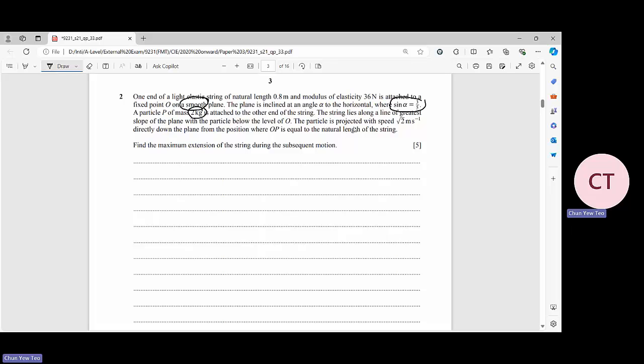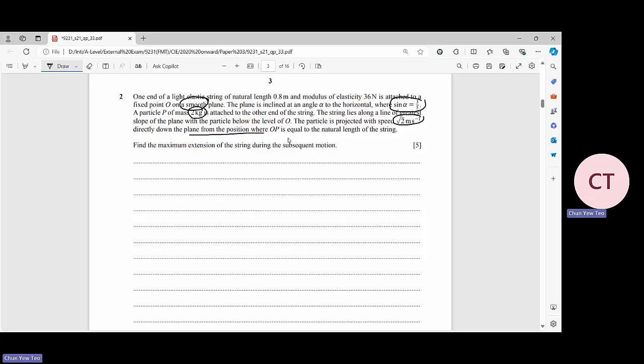The string lies along the line of greatest slope of the plane, with the particle below the level of O. The particle is projected with a speed of root 2 meters per second directly down the plane from the position where OP equals the natural length.